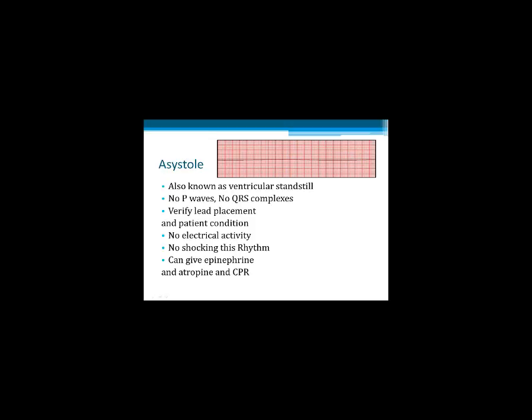But always remember, if you see asystole, first go check the lead placement and check your patient. If you truly have no electrical activity going on, you cannot shock this. There is no rhythm there to shock in the first place. You give them drugs first, then give them CPR to circulate the drugs. Hopefully the drugs will irritate the heart muscle enough that you will get some electrical activity. Then you assess the electrical activity to see if there is something there that can be shocked.